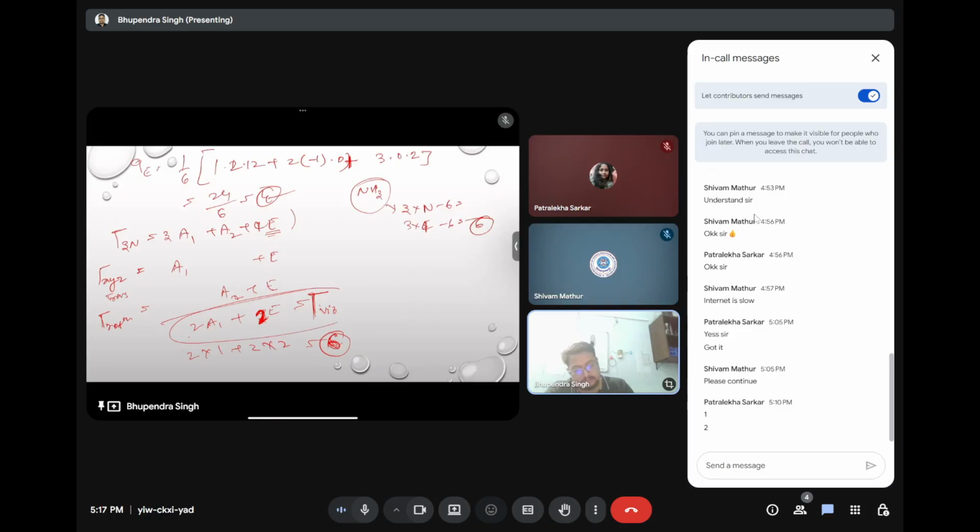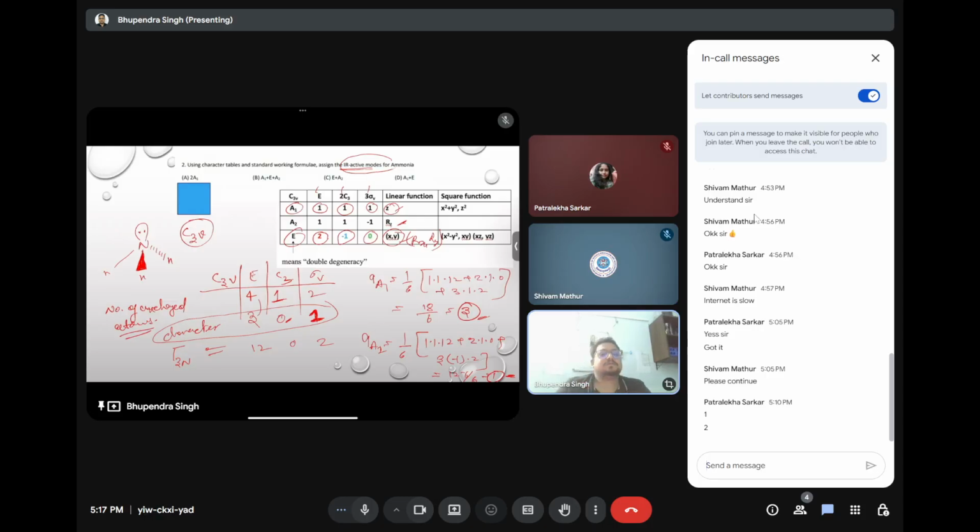Whatever modes we have got, these are normal modes. Now they have asked to assign the IR active mode for ammonia.